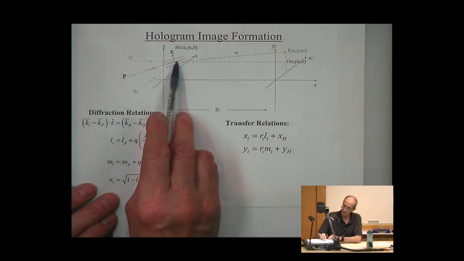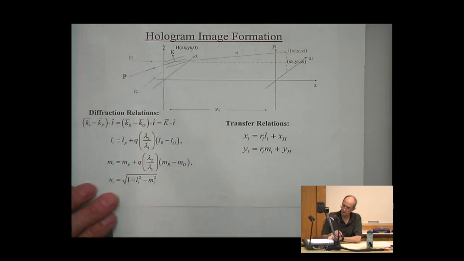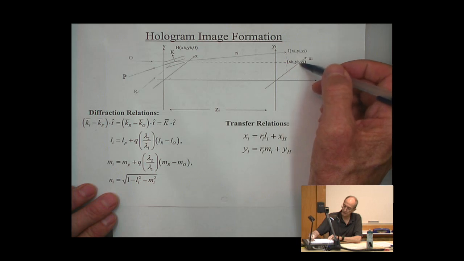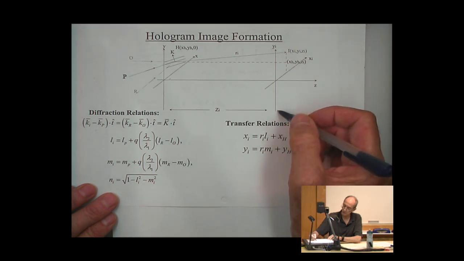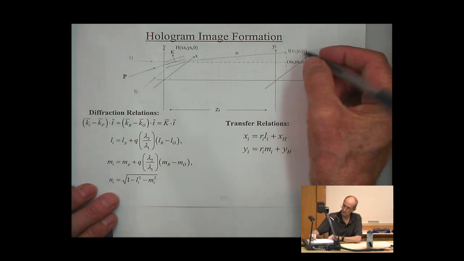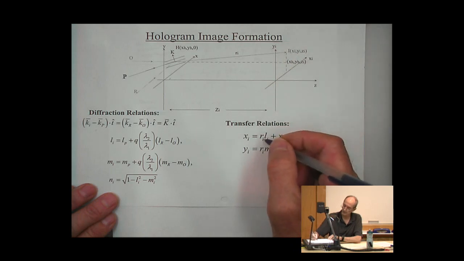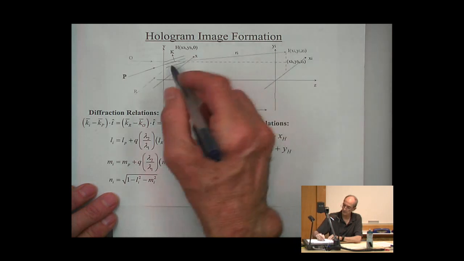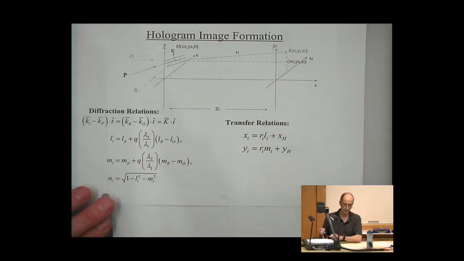So here we have a coordinate on the hologram plane, xh, yh, 0, and a local grating vector, k, at that position. And similarly for y, yi, for the image. So here we again transfer the xh, yh over to the distance zi away, which is our image evaluation plane, and we add to that the tangent of this distance that we have, Ri times Li.